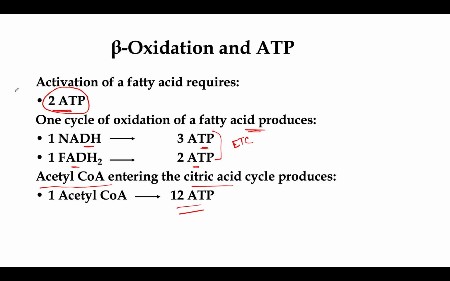I repeat here, activation takes 2 ATP. One cycle produces 1 NADH that will produce 3 ATP molecules, 1 FADH2 that will produce 2 ATP molecules by the participation of the electron transport chain, and 1 acetyl coenzyme A molecule on entering the TCA or the citric acid cycle leads to the production of 12 ATP molecules.